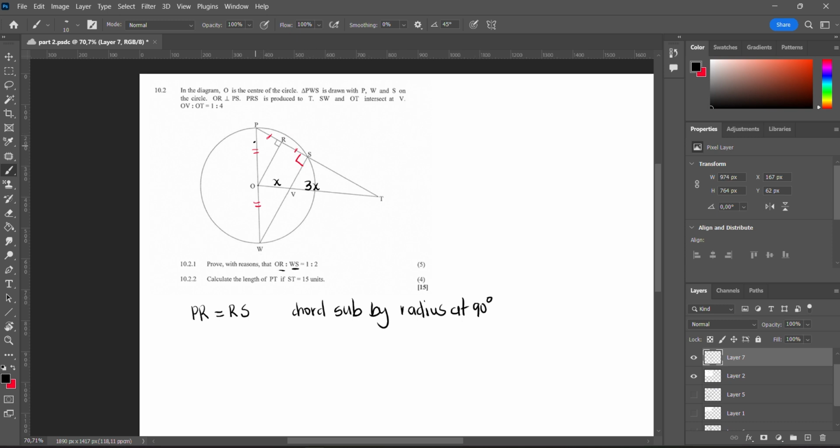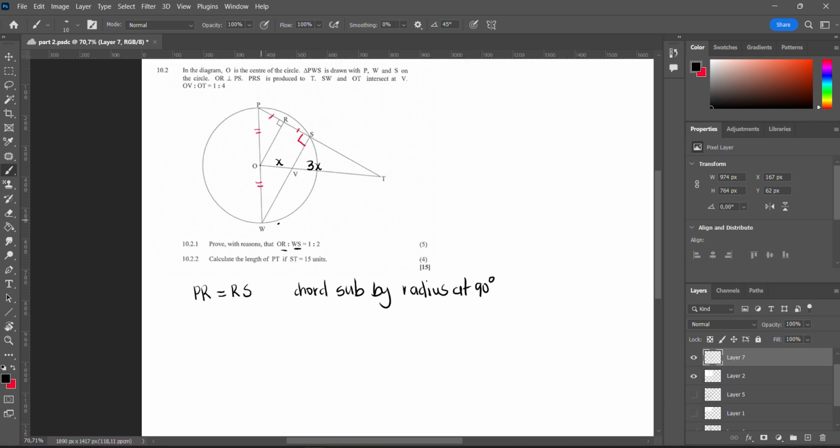So if these are equal, then that, so you'd say chord equal as something 90 degrees kind of theory. It works in both ways.